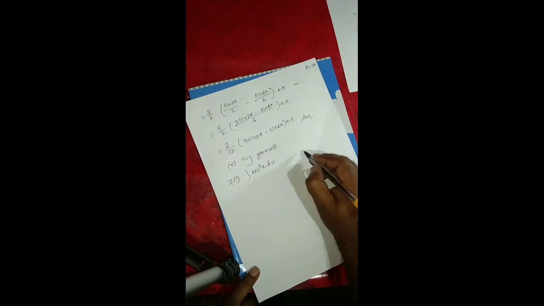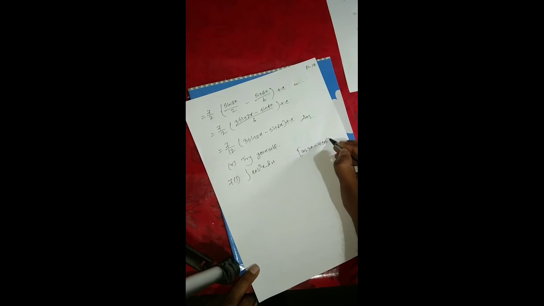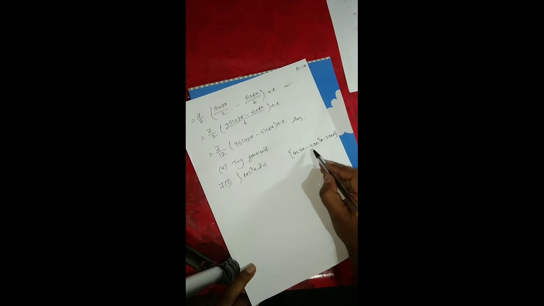We know cos 3a is equal to 4 cos cube a minus 3 cos a. Now from here we calculate the value of cos cube a.